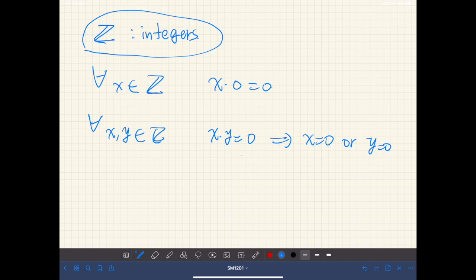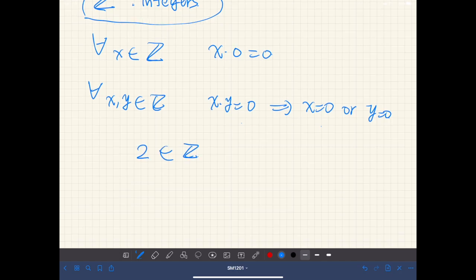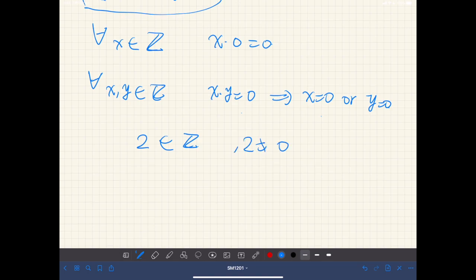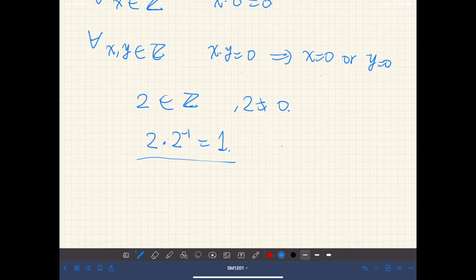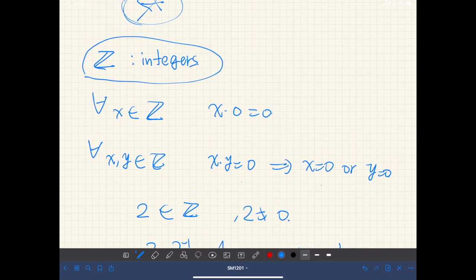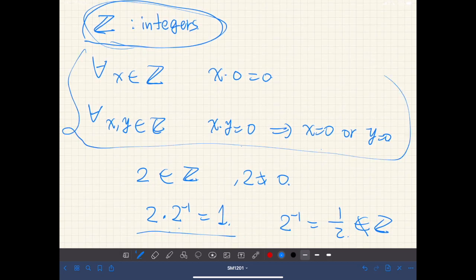Because, for example, 2 is an integer, and it's not 0, of course, but we don't have its multiplicative inverse. 2 inverse should satisfy this equation, but if this is true, then the multiplicative inverse of 2 should be 1/2, which is not an integer. So clearly, this is not a field, but still satisfies these two properties.